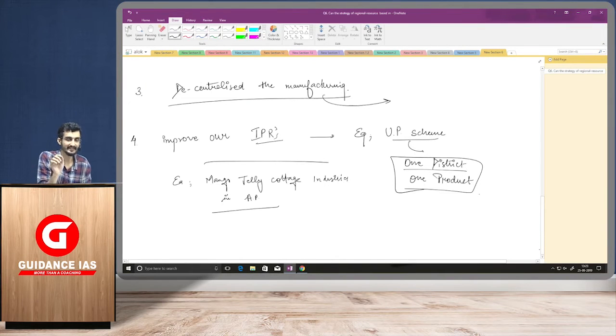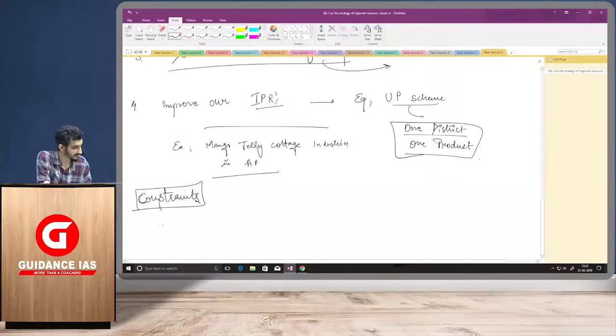But again, it is asking "can the strategy". So there are also constraints in exploiting the regional resource based manufacturing. And so what are the constraints? The constraints can be a less skilled workforce.